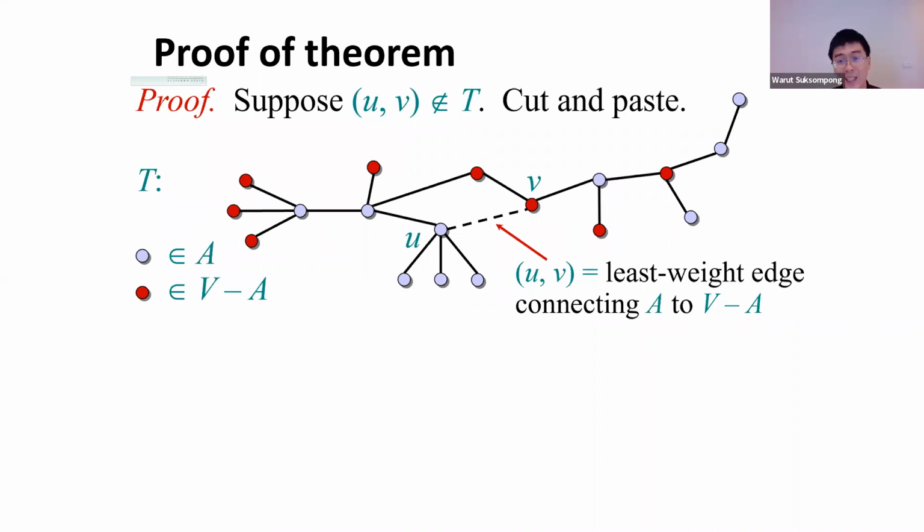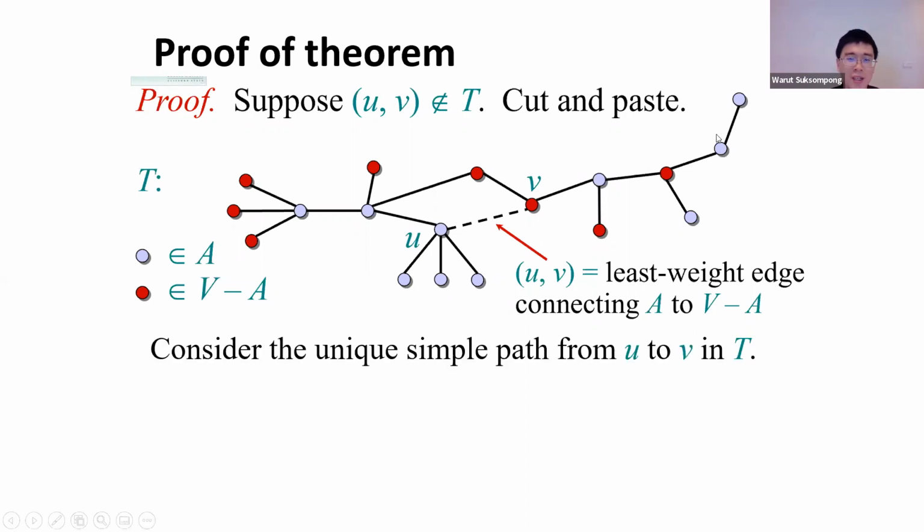We're going to show that that's not good, that it's a bad idea not to use this edge. So what we do is cut and paste. If we don't use this edge UV, there has to be some path from U to V, because this minimum spanning tree has to cover the whole graph.